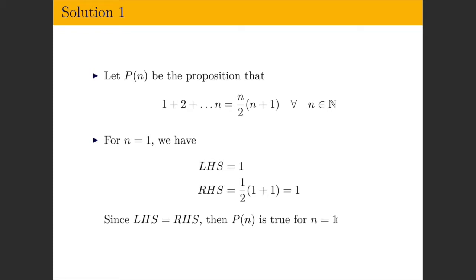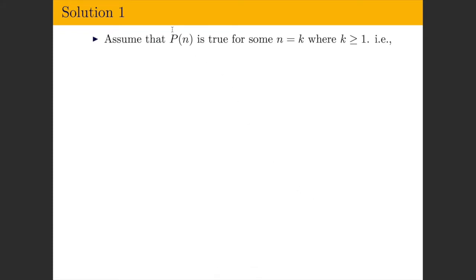Now comes the real challenging part of this problem, which is the inductive step. So let's go through that now. In the inductive step, we assume that Pn is true for some n equals k. We call k the dummy variable. It is a variable, but it's a dummy variable.